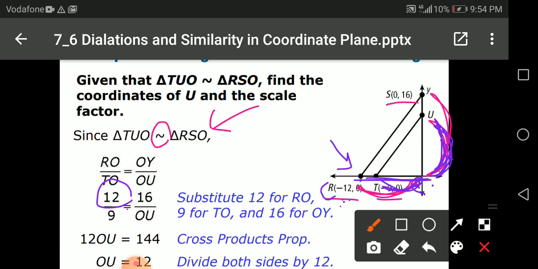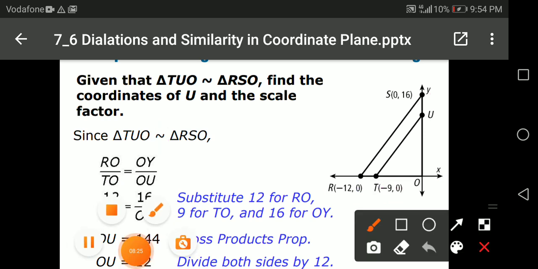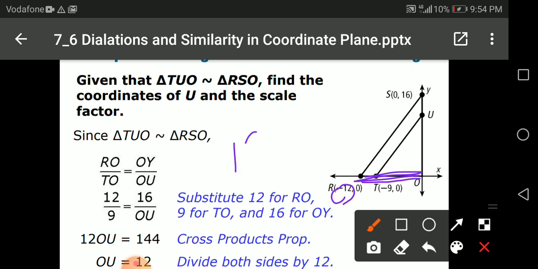And I also have TO. I want to show you this small part. I want to erase this to make sure you can see the numbers. RO is negative 12, and we cannot write a negative distance, so it will be just 12.